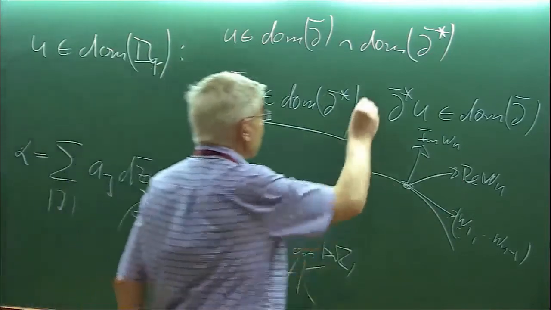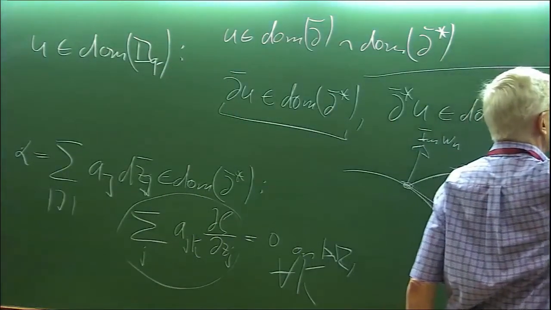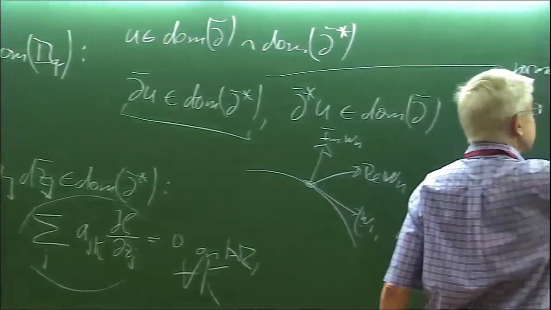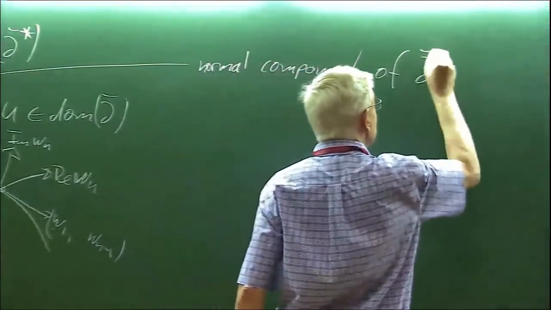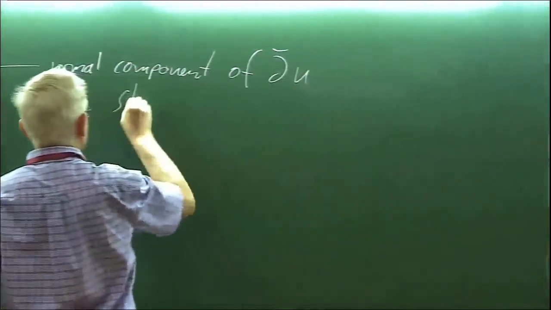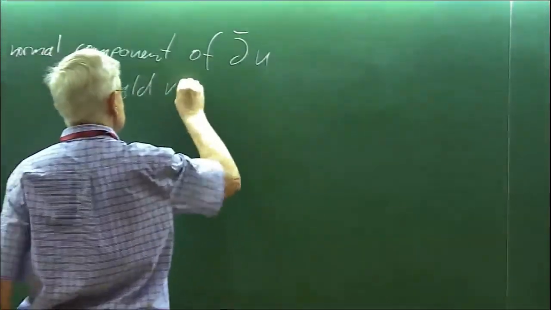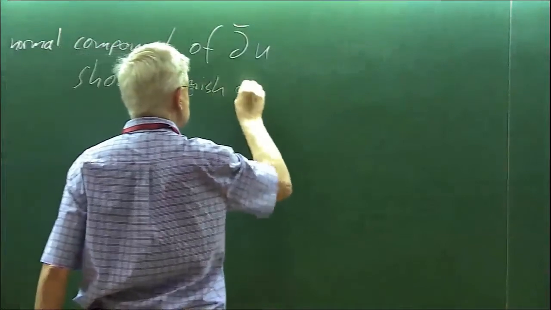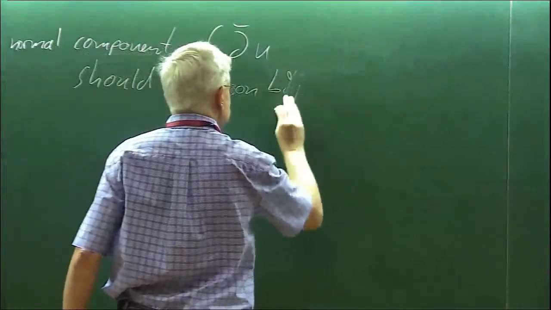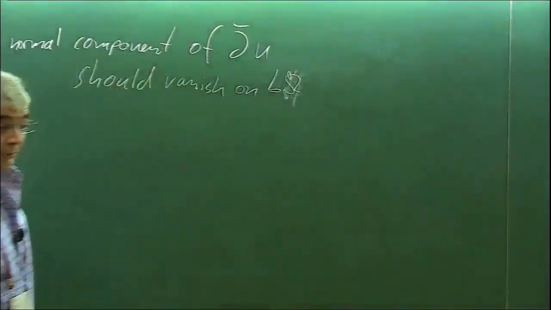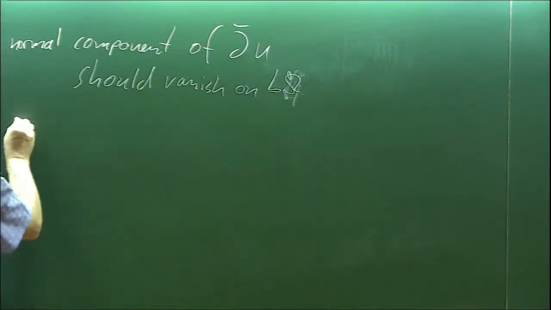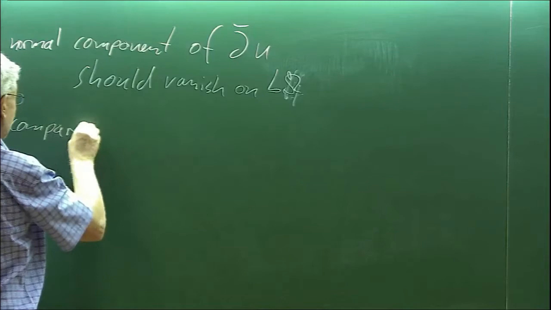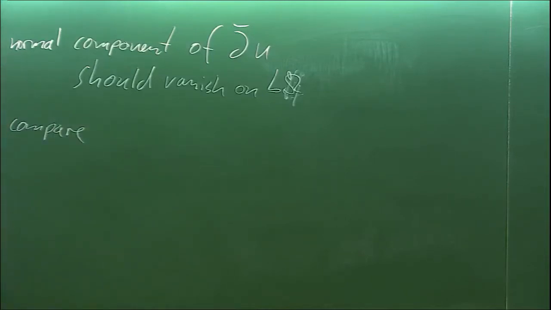So then this boundary condition says the normal component of d bar u should vanish on the boundary of omega, okay? Now compare this to the Neumann boundary condition for the Dirichlet problem.